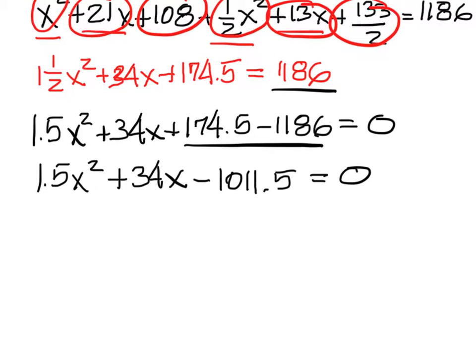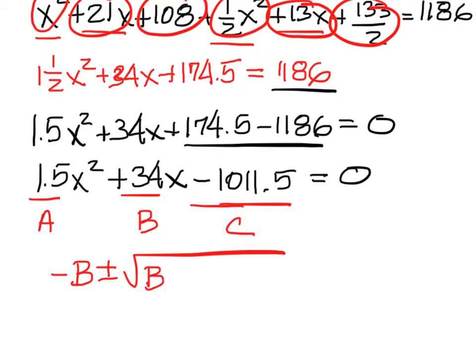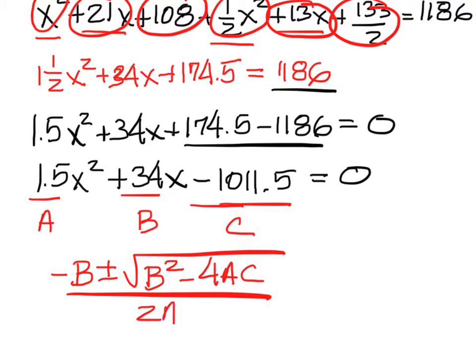Now from here you're going back to Algebra 1 to use the quadratic formula, in which this would be A, this would be B, this including the sign would be C, and you have to do negative B plus or minus the square root of B squared minus 4AC, all of that over 2A.